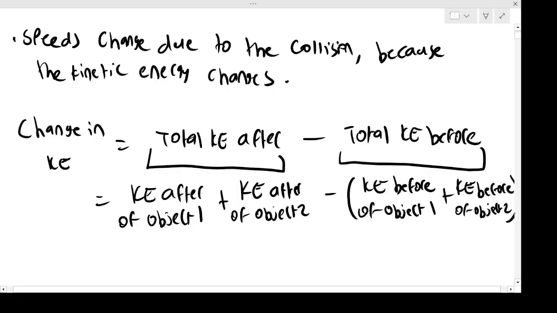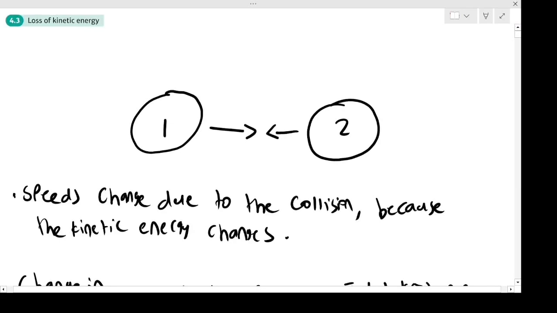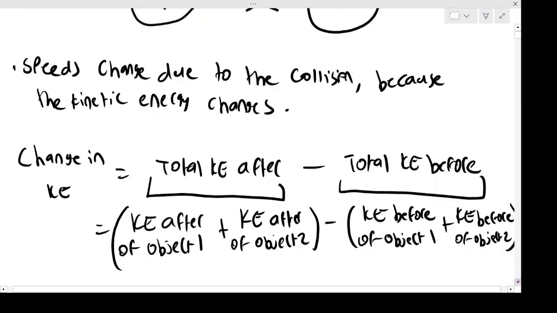So essentially, to work out the change in the total kinetic energy overall, we can just consider the individual kinetic energies of these two objects we've got here. So we get this formula here.